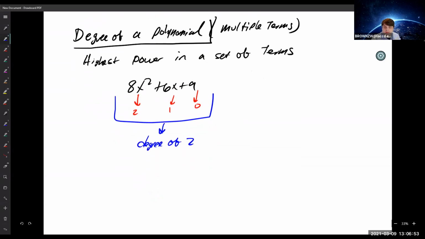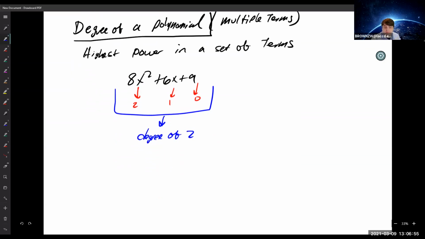All right. And then the other thing we talked about is if we look at a single term, let's look at 12x to the 5th. This number in front is what we call the coefficient.